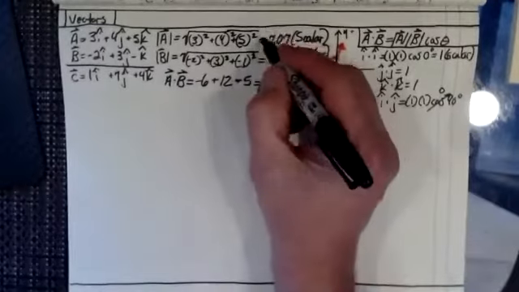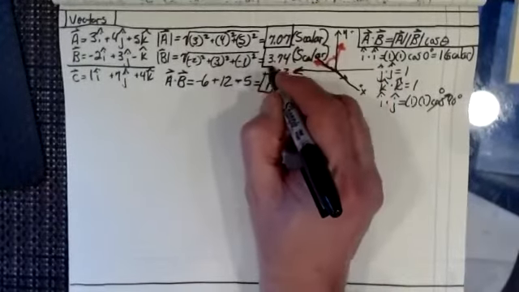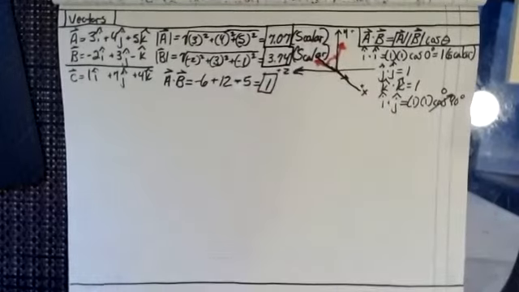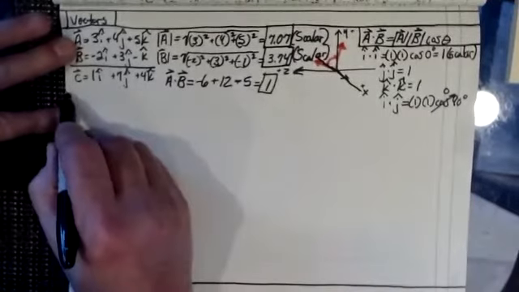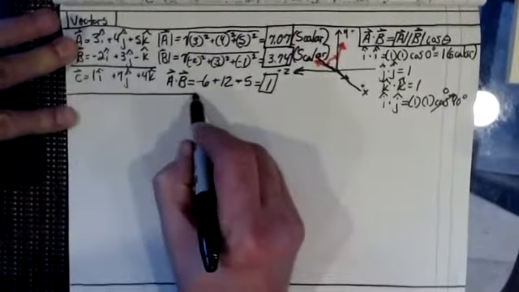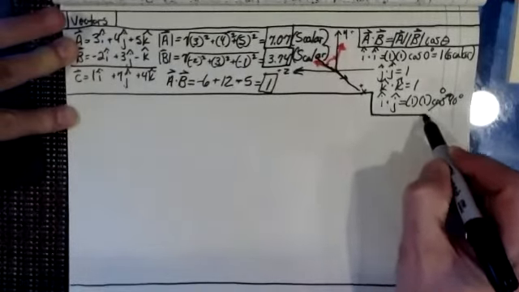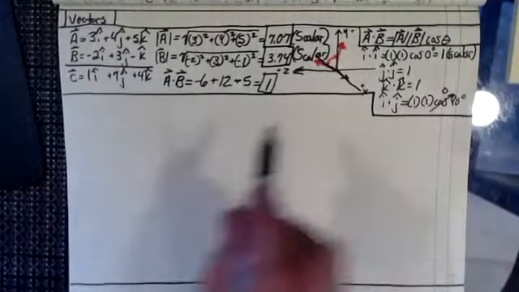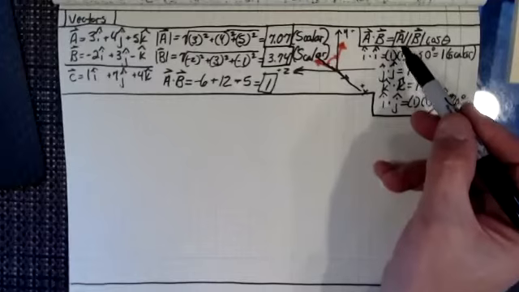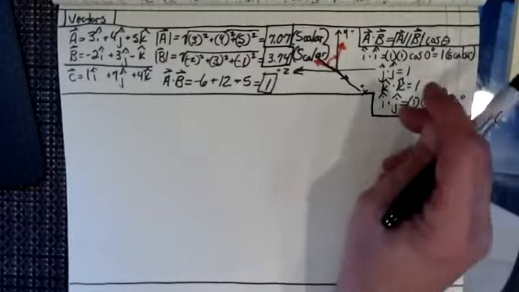We also know what our magnitudes are of each of the two vectors. So let's just box this off down here for a second, and let's just look at that definition then. A dotted with B equals the magnitude of A times the magnitude of B times the cosine of the angle between the two.